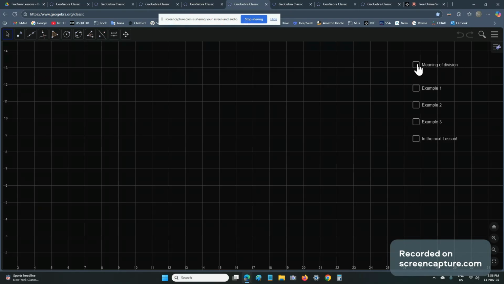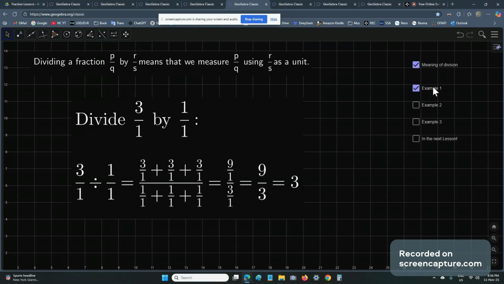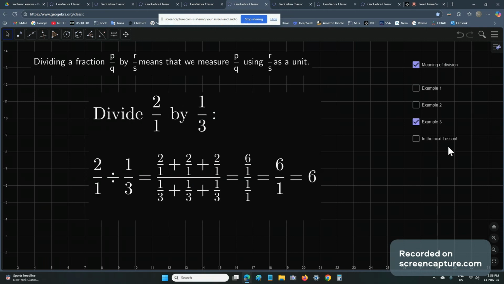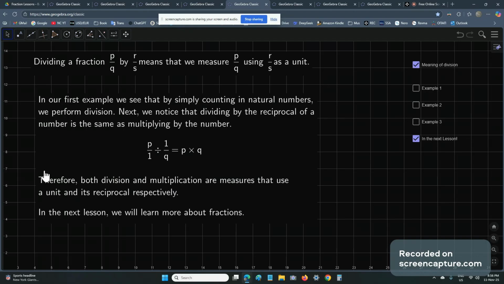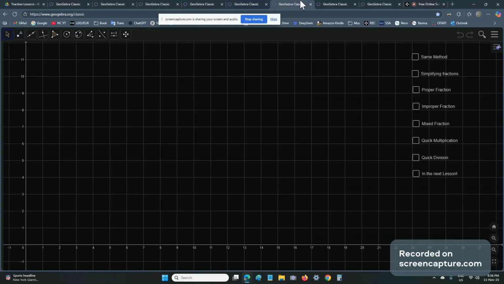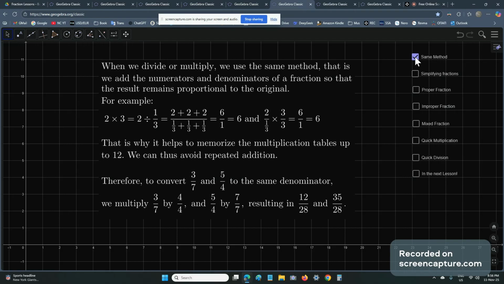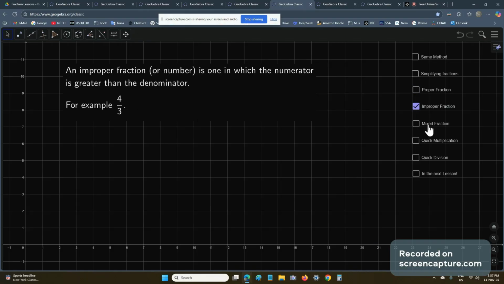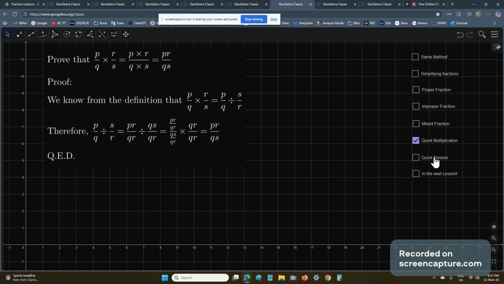This one here, and we start looking at the meaning of division, doing examples, and then obviously in the next lesson we'll be looking at more about fractions, and that's this lesson here. And here we see where most of the fraction operations come from in geometry, in the elements of Euclid, how to simplify fractions, what are proper fractions, improper fractions, mixed fractions, quick multiplication, quick division.